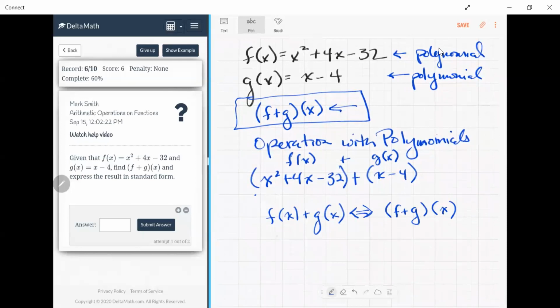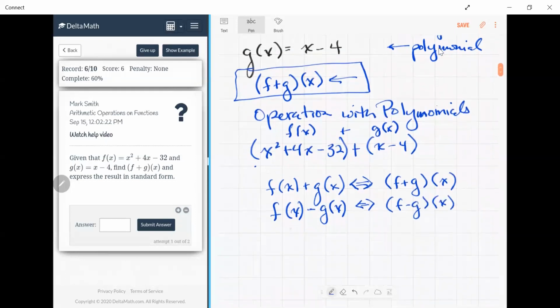Okay, and it goes the same for other operations. So we can talk about subtraction, f of x minus g of x, and of course that would be written as f minus g of x, right? And you can also use this for multiplication.